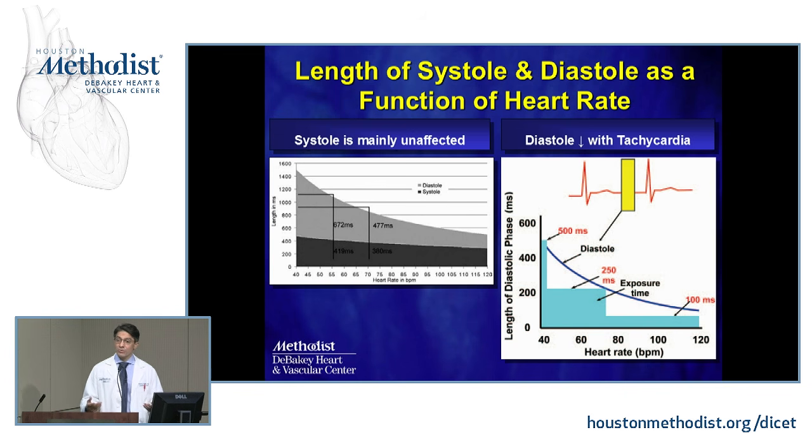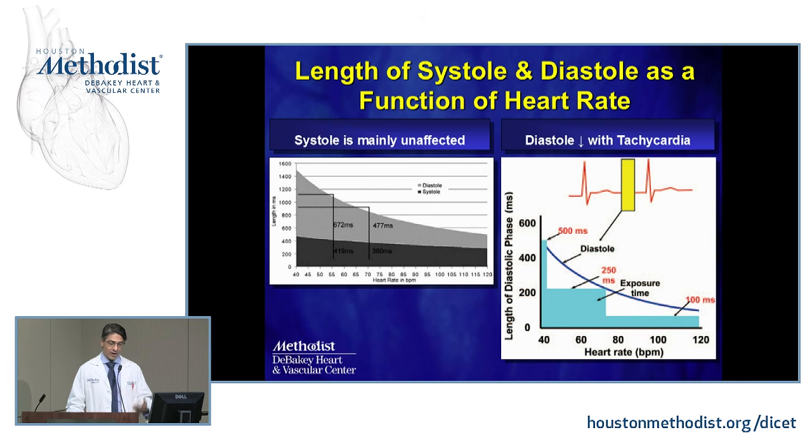So one of the things we used to do with the old 64-slice scanners is load these patients up on beta blockers, because we wanted a nice slow heart rate and a nice prolonged period in mid to end diastole, where we could take sufficiently still images with the temporal resolution of our scanner.